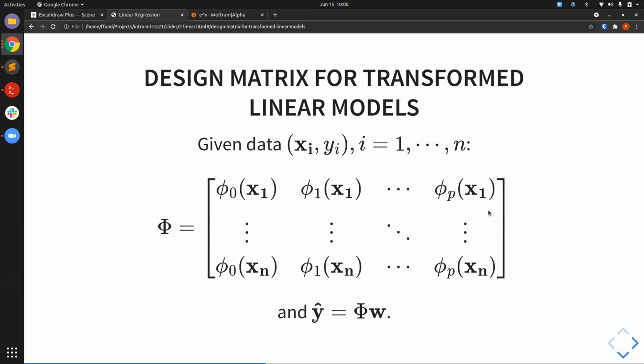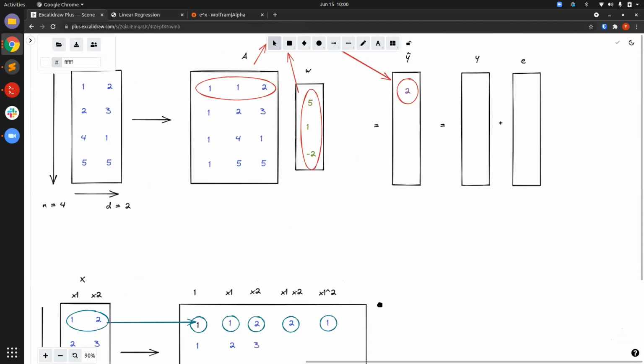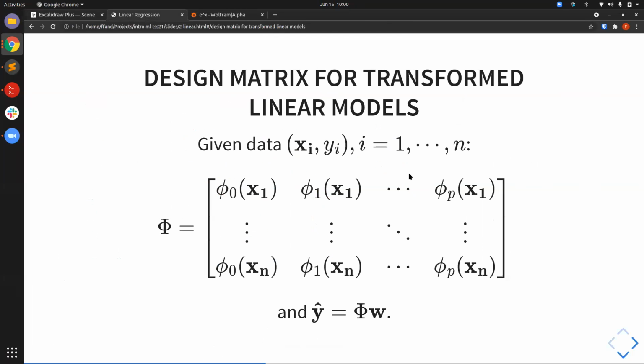Then we have p columns, one for each basis function, for as many functions as you want to represent everything about the data. Eventually you can represent this entire thing as a matrix multiplication, just as we did here. Are there any questions about this representation?